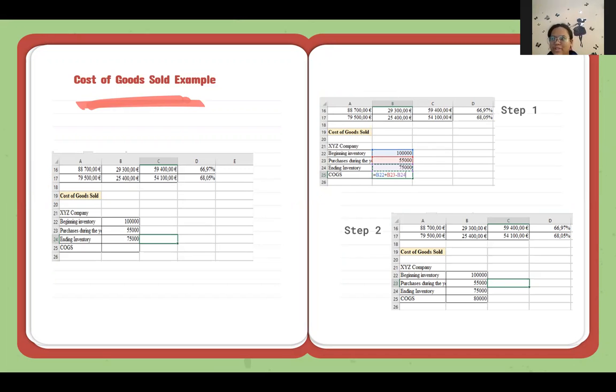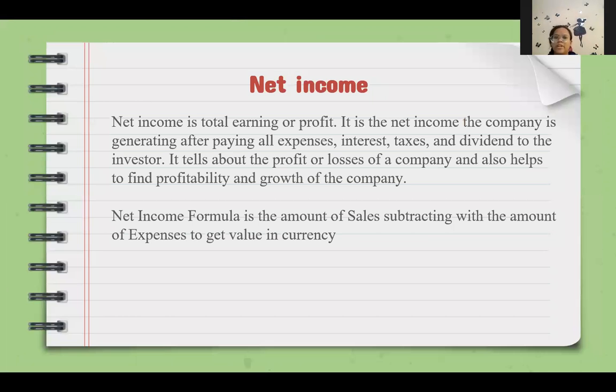The cell B22, you add the cell B23, and then you minus the cell B24 as we respect the formula before. So by doing that, we can get actually the cost of goods sold $80,000. Now let's move to the net income formula.